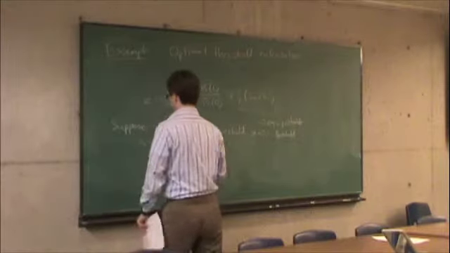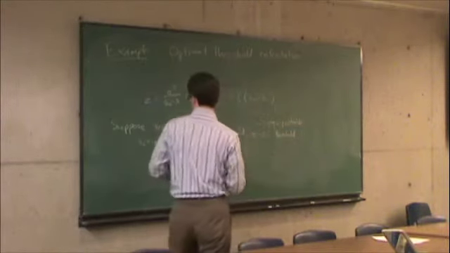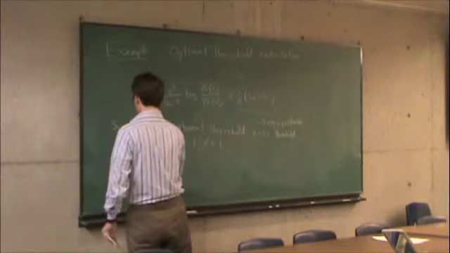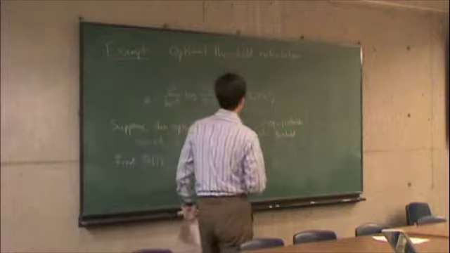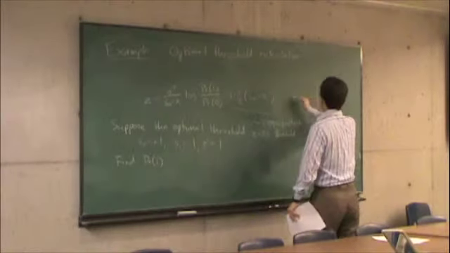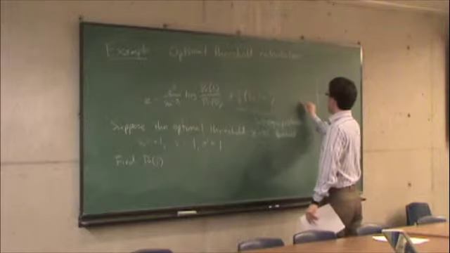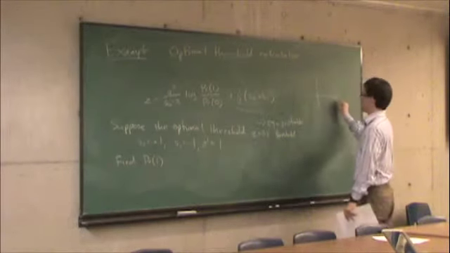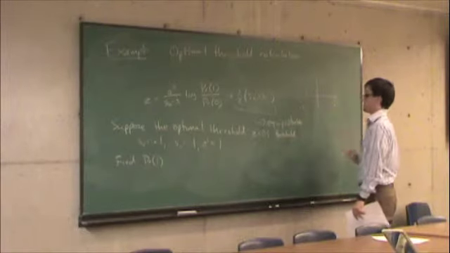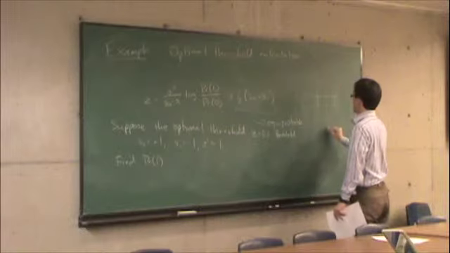And the question is, if 0.5 is the optimal threshold, find probability of 1. Okay, so firstly, let's think about this. If S1 is minus 1, and S0 is plus 1, and my optimal threshold is here.